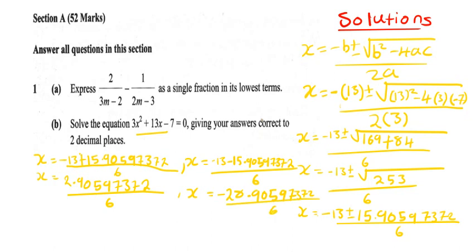Now at this point, that's where you divide, which is the second last step. So when we say 2.9059737 divided by 6, your answer is 0.48432895 and the 3 there.